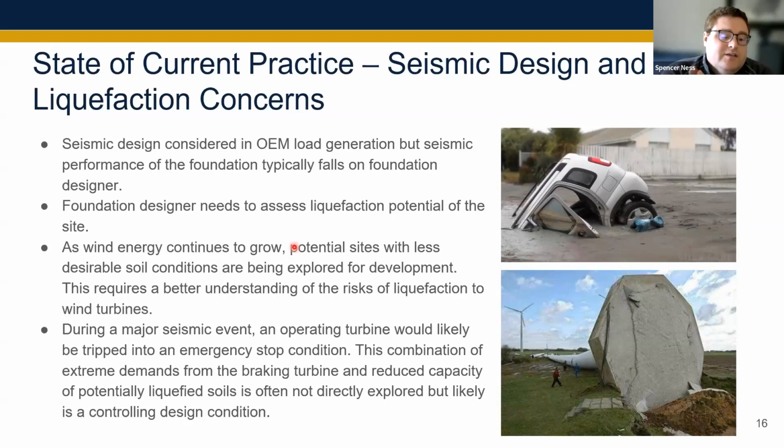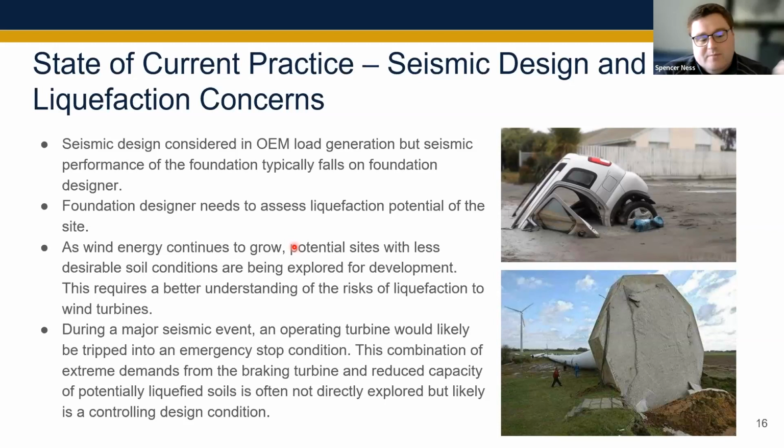Complicating this issue is that, like I mentioned, there are often accelerometers up in the hub, at the top of the turbine. If those accelerations exceed certain thresholds, they will initiate an emergency stop condition and basically put a brake on the turbine and shut everything down, because there's too much motion going on, and there's a concern about the turbine, whether it's a resonant condition or an external environmental force on the structure causing damage to the system.